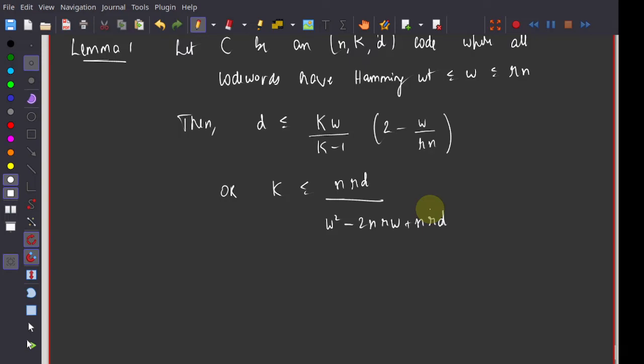Or put in a slightly different way, if you want to choose any more than a certain polynomial number of code words, then the minimum distance can't be any larger than n over 2 for the binary case.